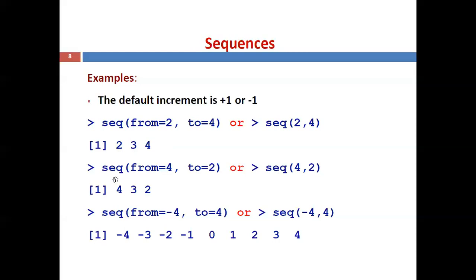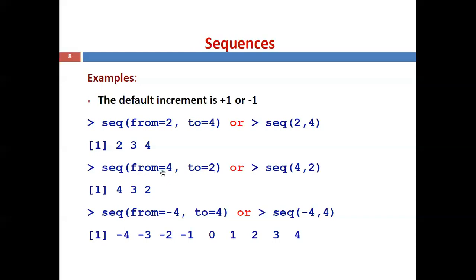Similarly, another example: seq of from equal to 4, to equal to 2, or this can be written as seq of 4 comma 2. Here you can see the starting value is 4, then the end value is 2. So here increment is not possible. You have to take the decrement value. Why?